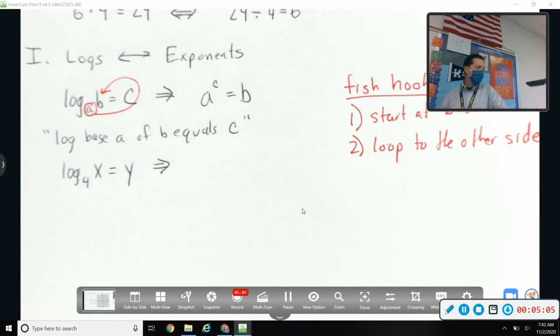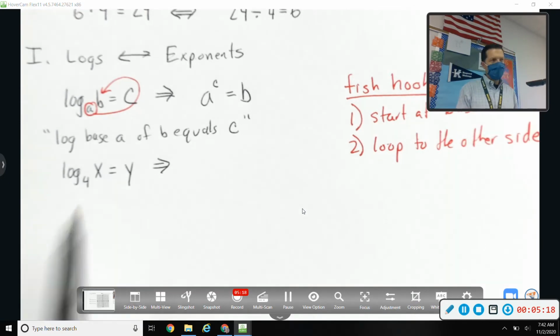Log base 4 of x equals y. Why don't you try that one? So apply that same fishhook thing. Start at the base, loop around to the other side, and then write the exponent in the order of the fishhook.